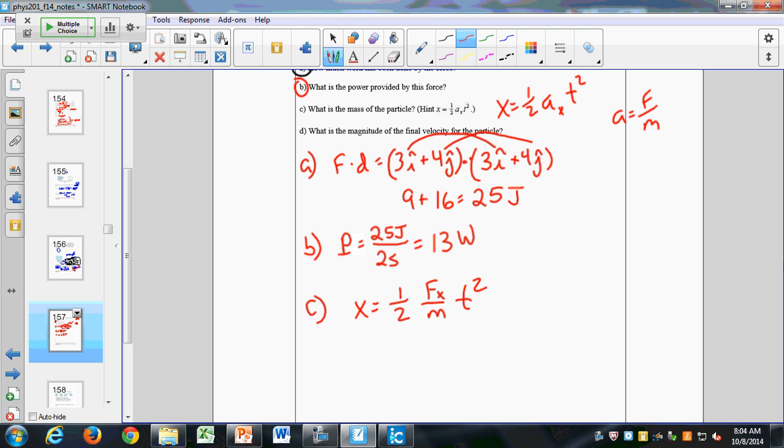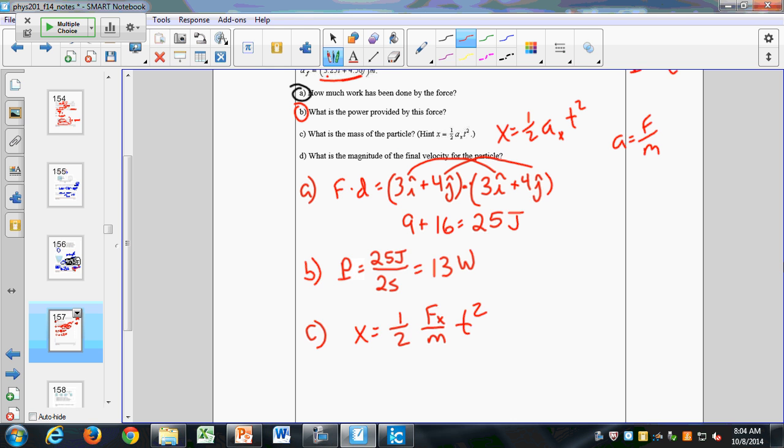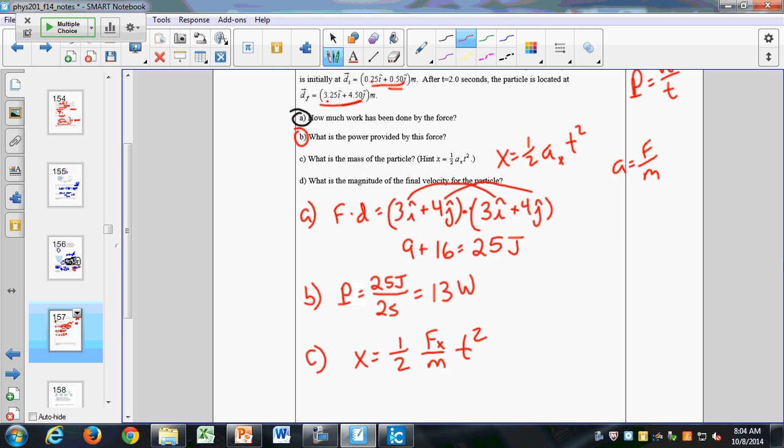You got it, Courtney? No? We're looking at our x displacement, which is 3.25 minus 0.25, or 3 meters. What is Fx?